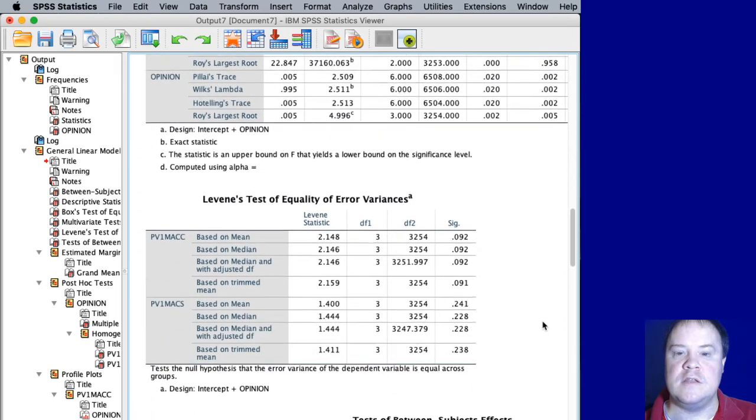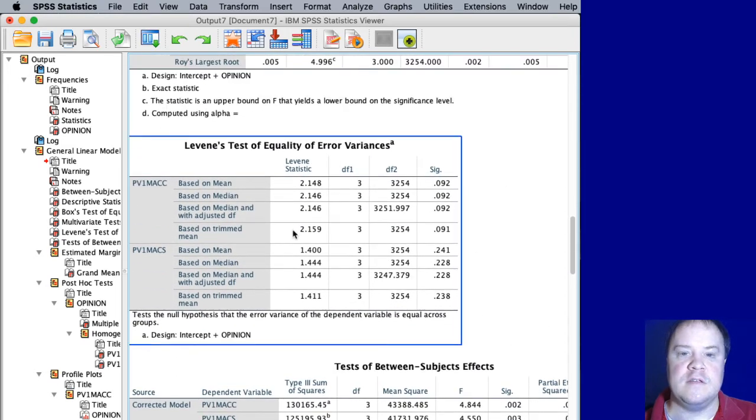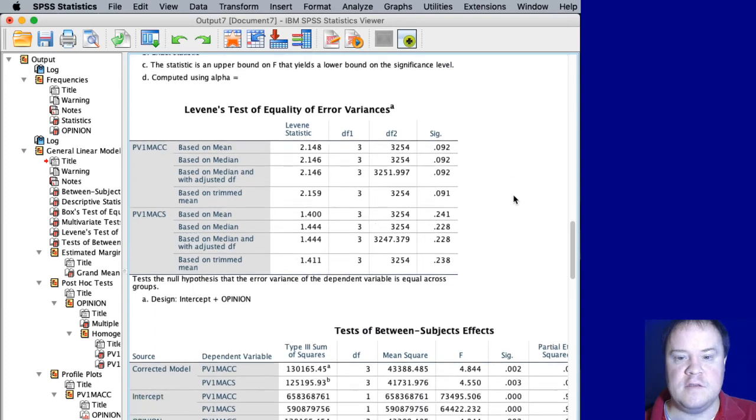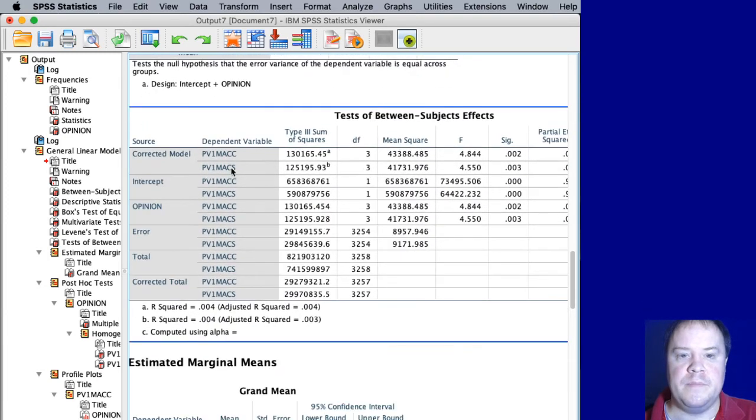Doesn't look very great. Levene's test of equality of error variances, not statistically significant. That's a good thing. We want to see that. It tells us that we can feel confident that we've met the assumption of homogeneity of variances for the ANOVA.